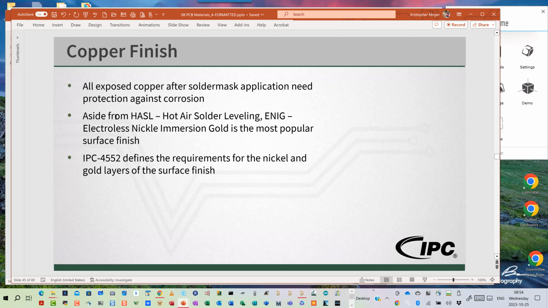The second most common is ENIG, or electroless nickel immersion gold. IPC 4552 defines the requirements for the nickel and the gold layers of the ENIG process. Now, this is a debate I've gotten into multiple times with people from different industries. I say ENIG is the second most popular to Hassel.